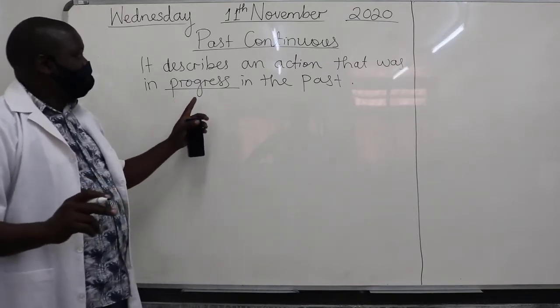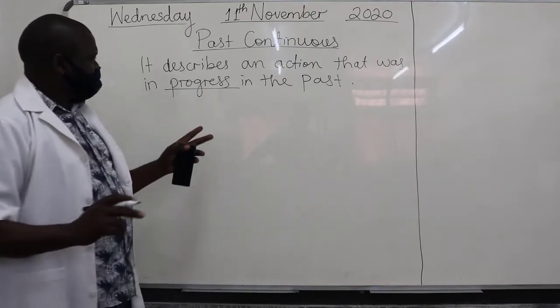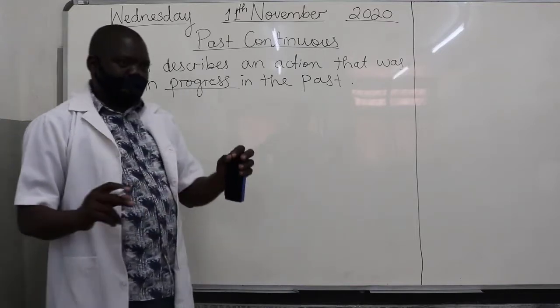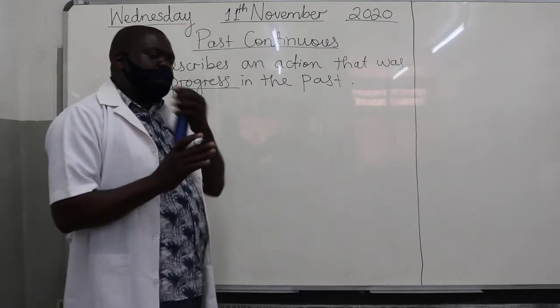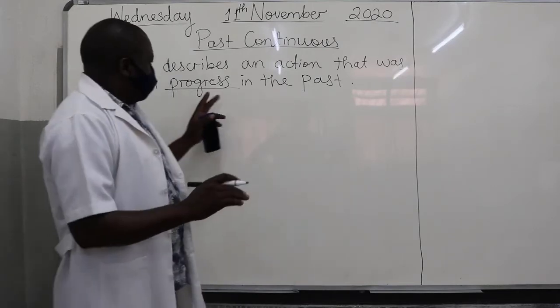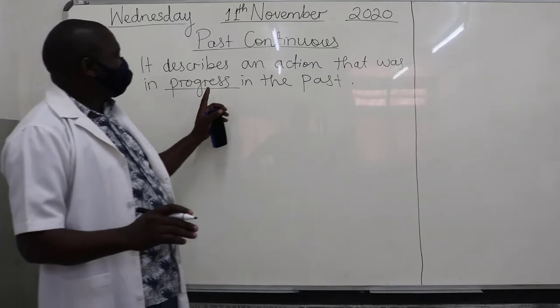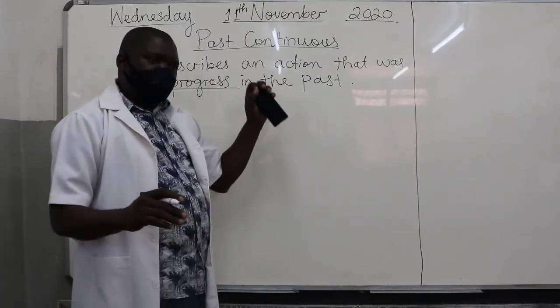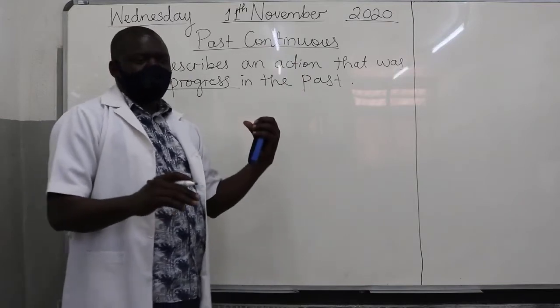Last week we looked at the past simple tense, and past simple simply describes an action that happened at a point in time in the past and ended, right? But the past continuous is an action that was in progress in the past.